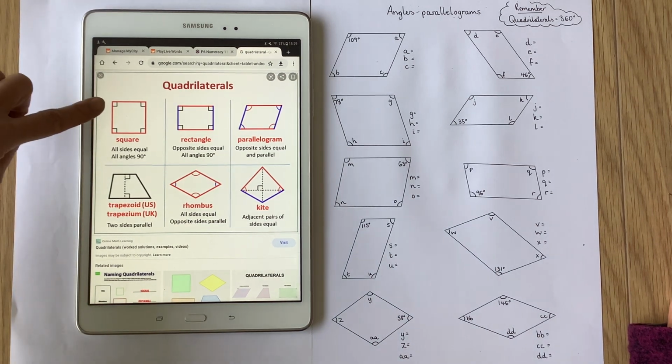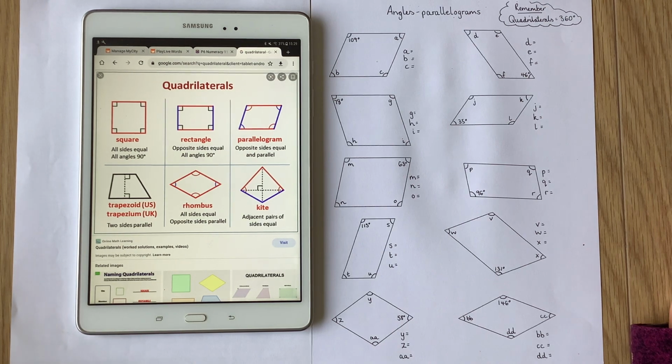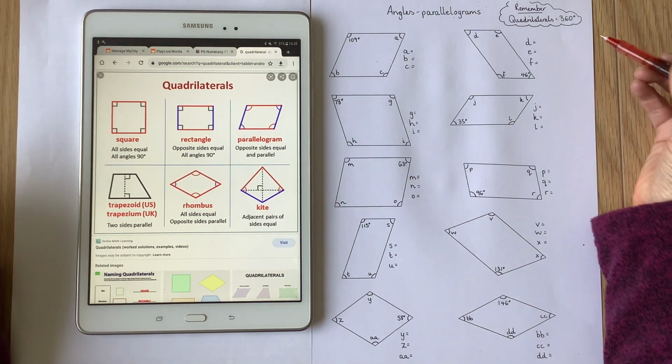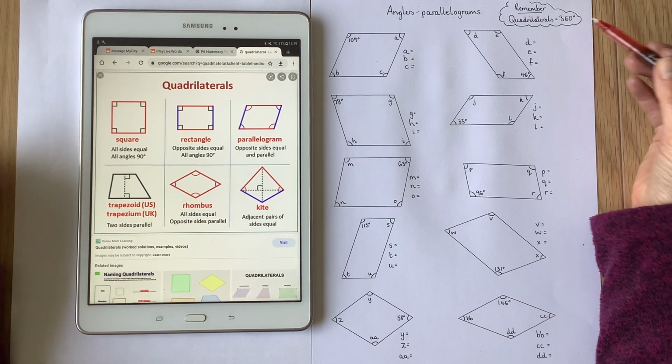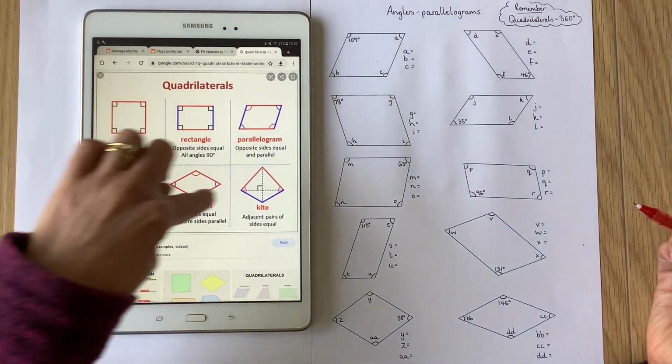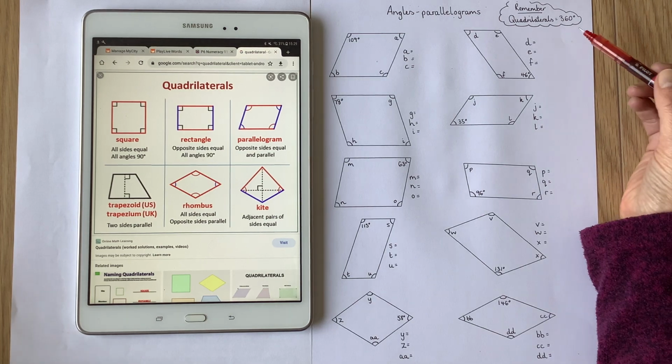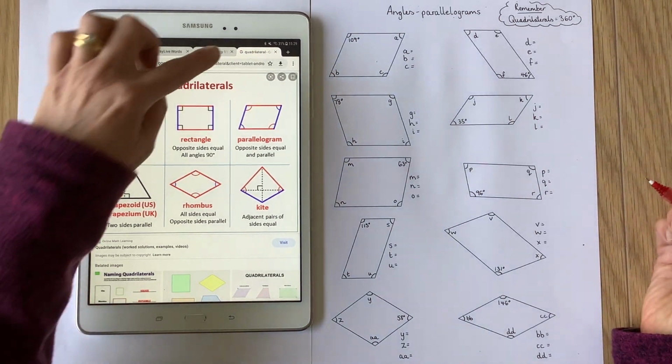In a square or a rectangle, we have got our 4 angles, and each one of those is 90 degrees. 4 groups of 90 makes 360 degrees. And it doesn't matter which quadrilateral I'm looking at, if I add up the 4 inside or internal angles, then they will add up to 360 degrees.